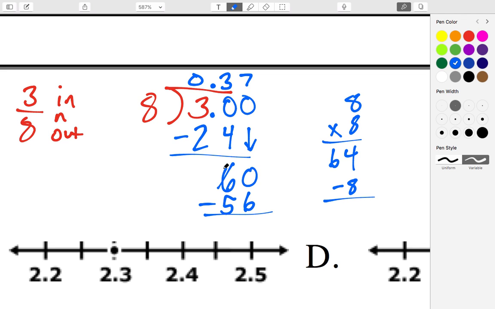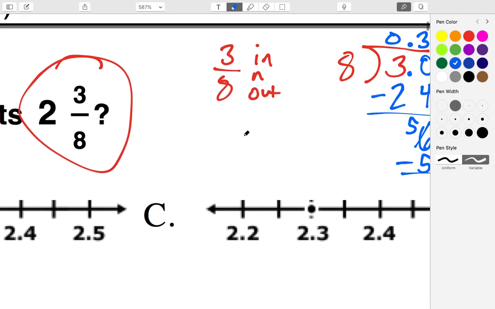Okay, so borrow from the 6, 5. What is 10 minus 6? 4. 5 minus 5 is 0, so 4 is your remainder. So we're going to stop at 0.37.